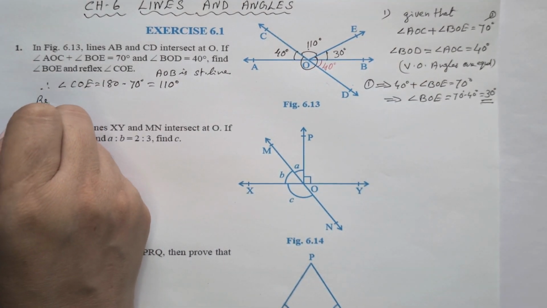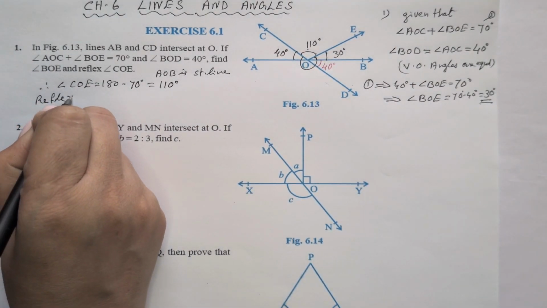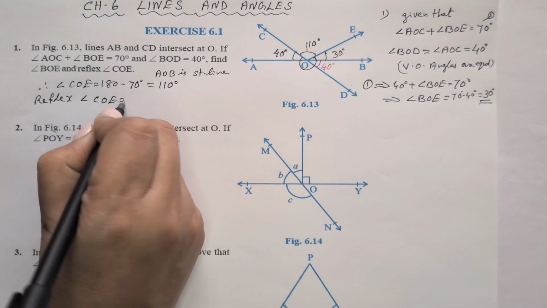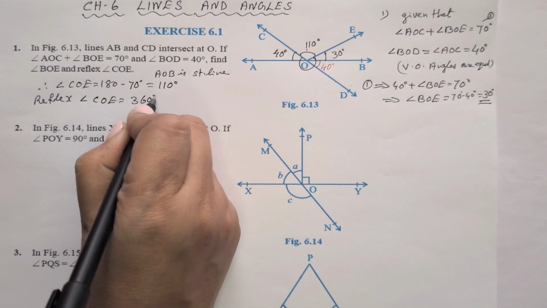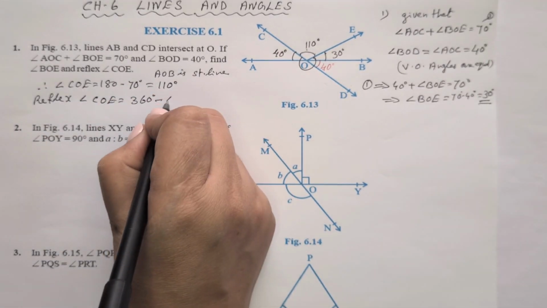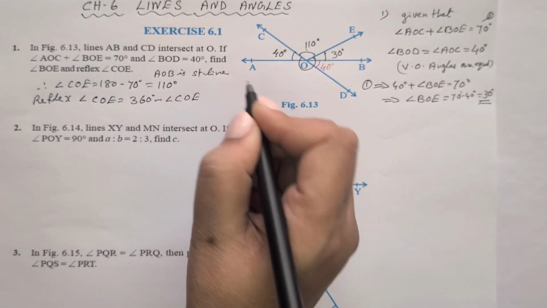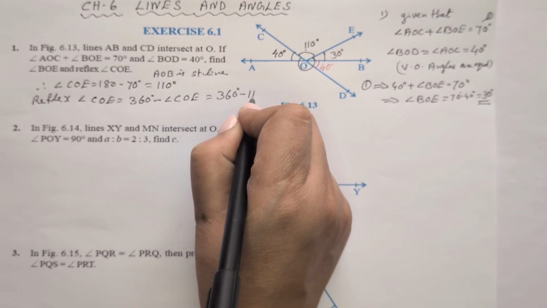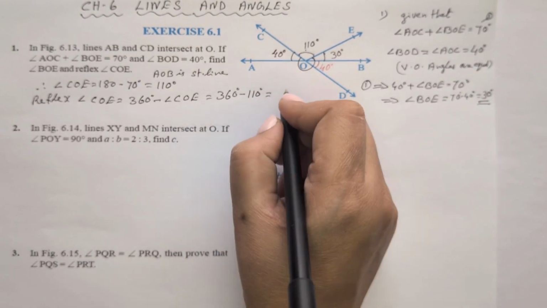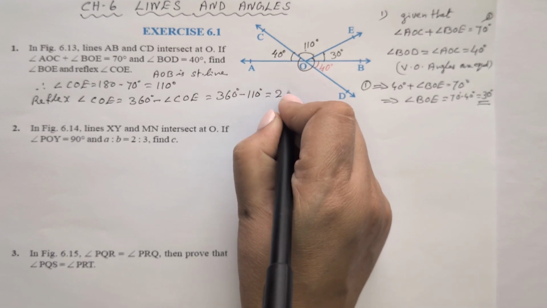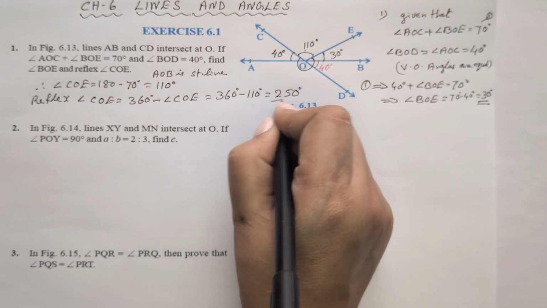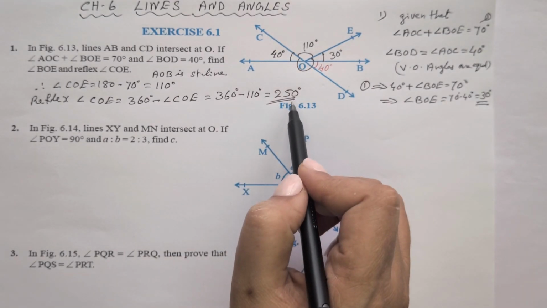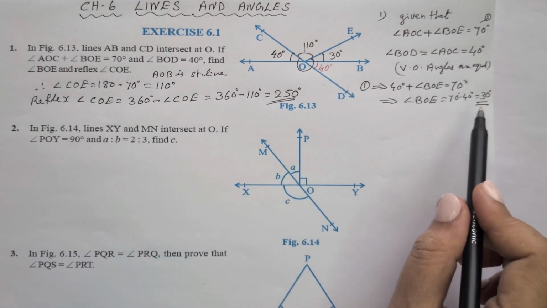So reflex angle COE is equal to 360 degrees minus 110, and that is equal to 250 degrees. So reflex angle of angle COE is 250 degrees, angle BOE is 30 degrees.